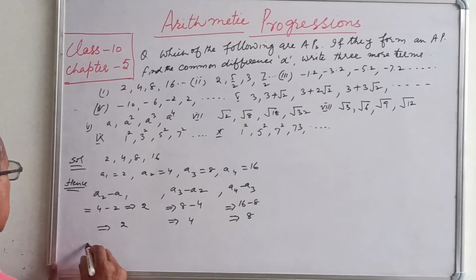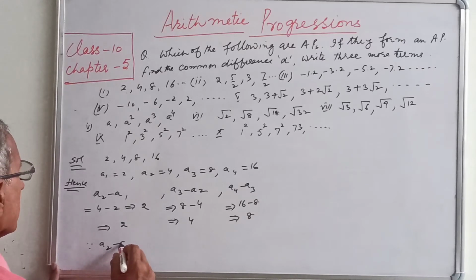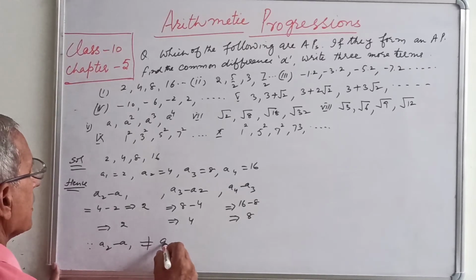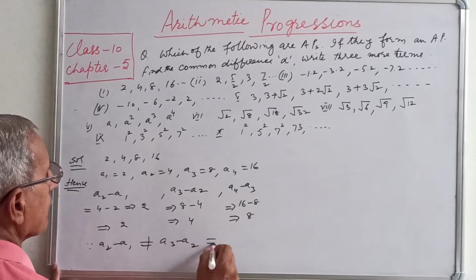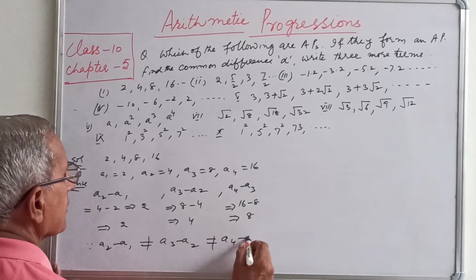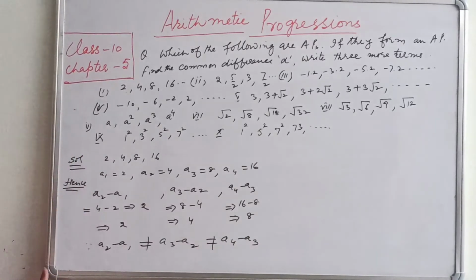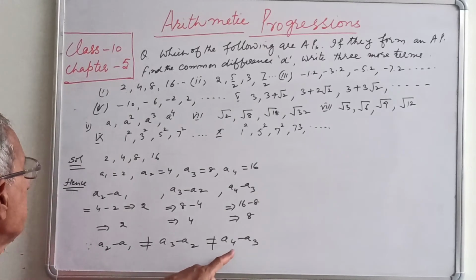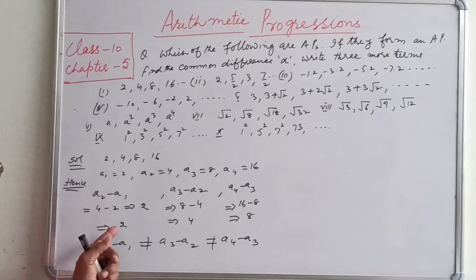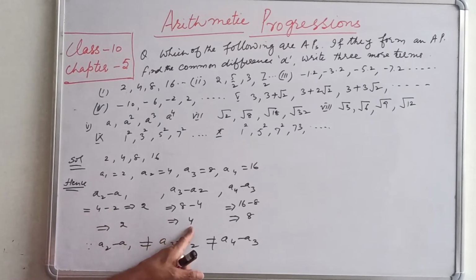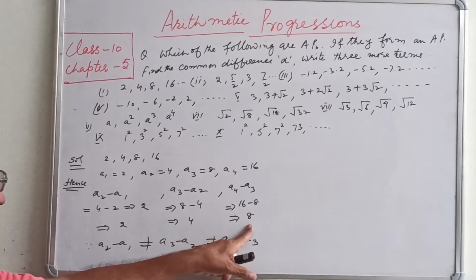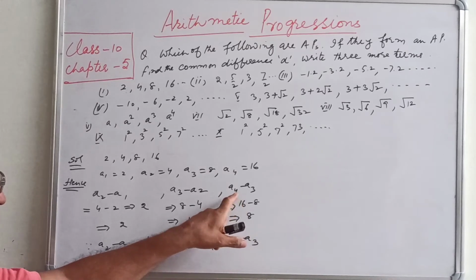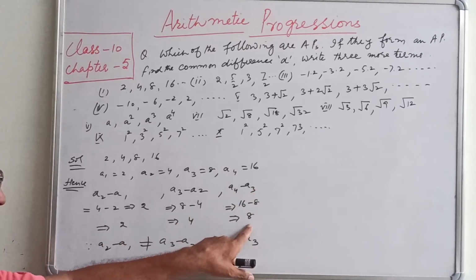So since A2 minus A1 is not equal to A3 minus A2, not equal to A4 minus A3, the difference between the 2 successive terms is not the same. Here the first difference is 2, second is 4 and third is 8.